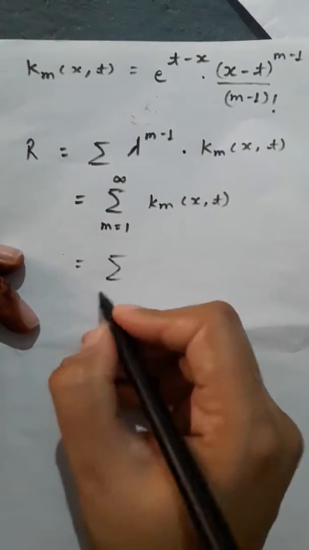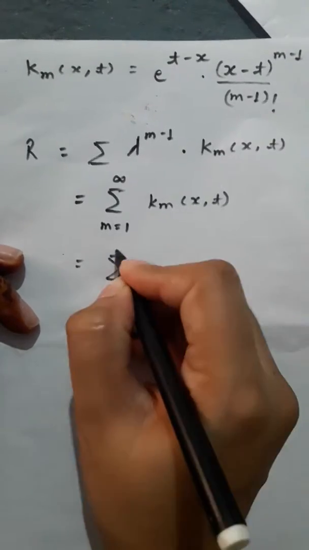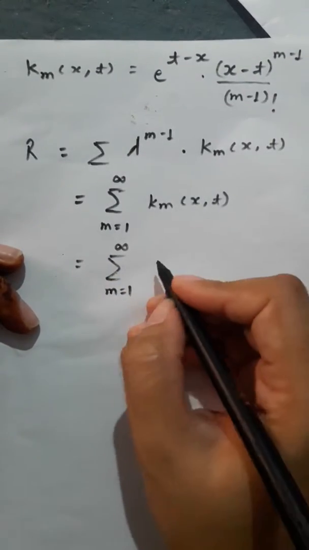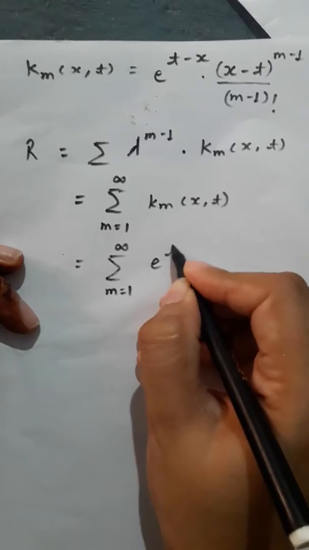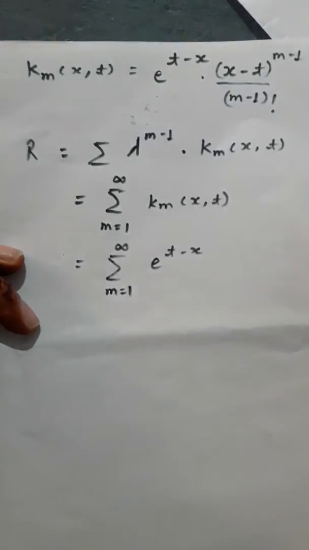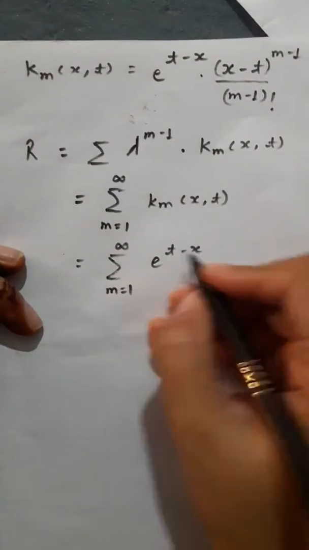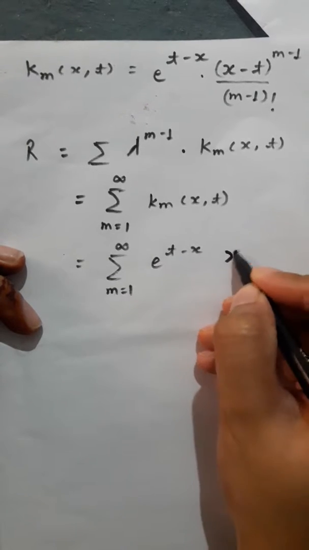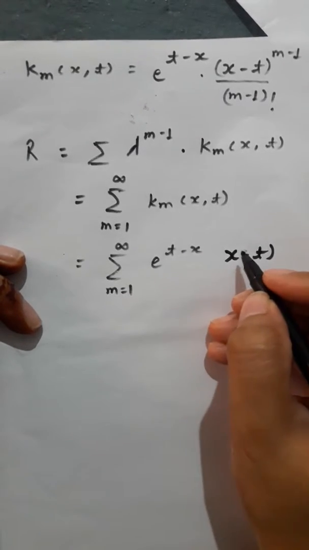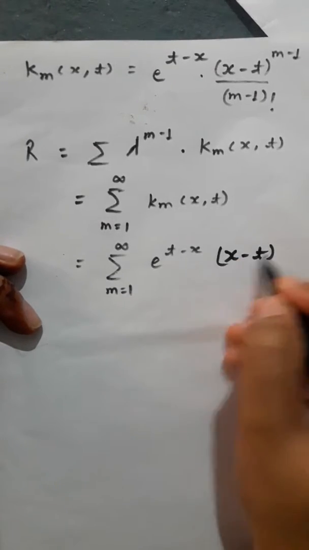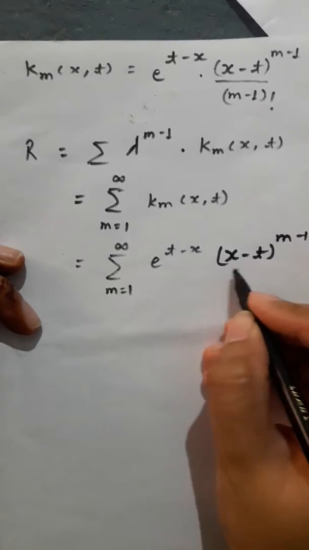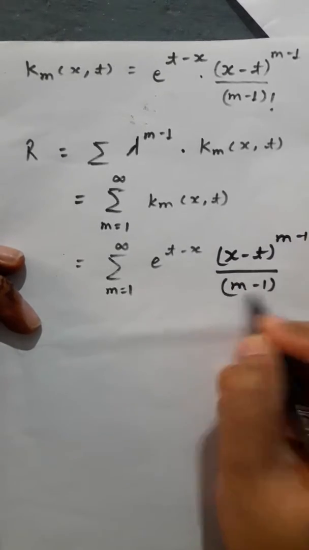So just open this. This will be summation m is equal to 1 to infinity, km of x comma t value is e to the power t minus x into (x minus t) to the power m minus 1 upon m minus 1 factorial, correct?